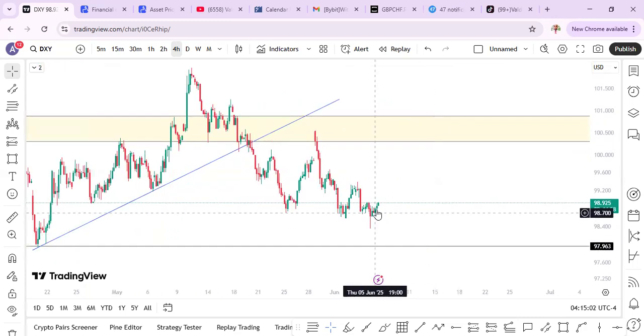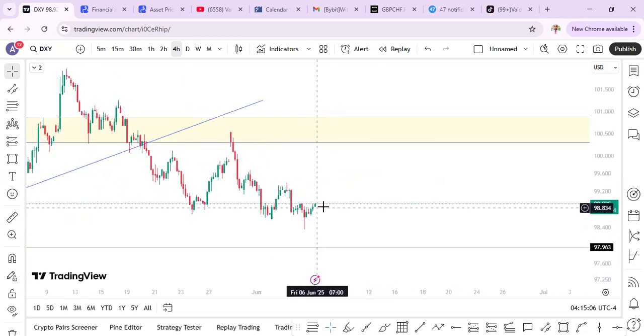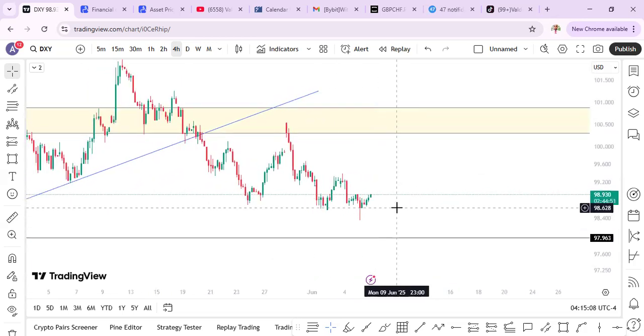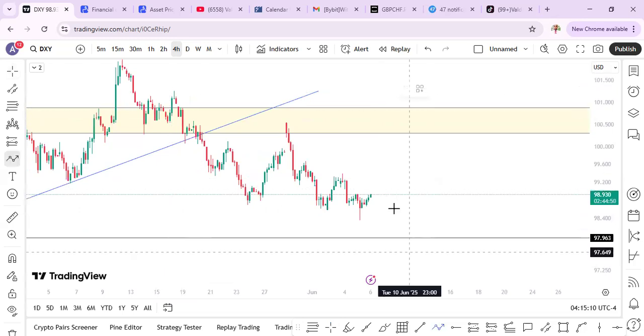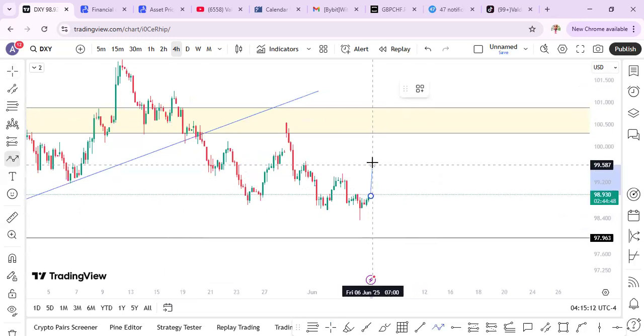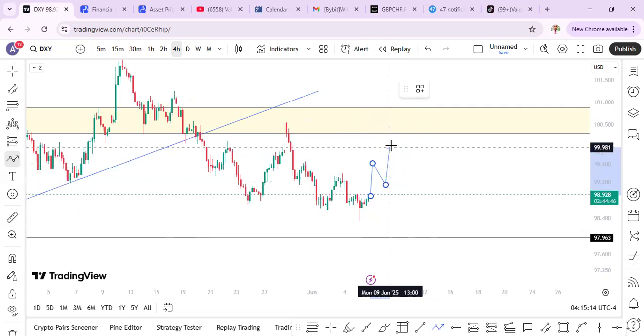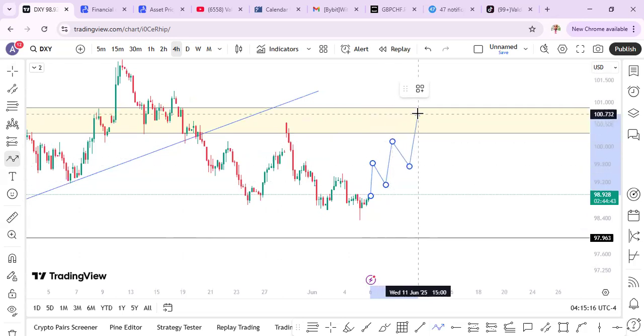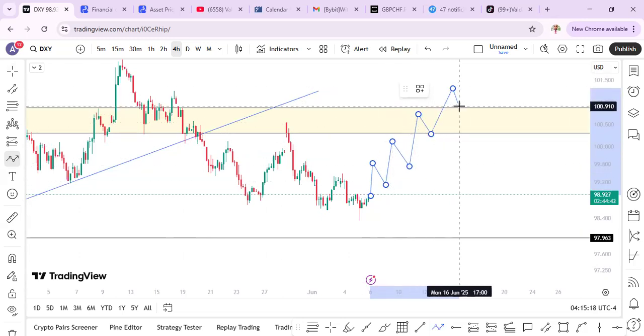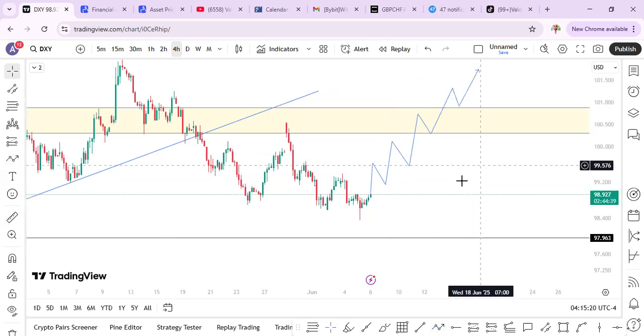But this morning we have some relief, a little bullish on the dollar. So let's see if NFP comes out and gives dollar strength, then we're going to have the dollar going up.